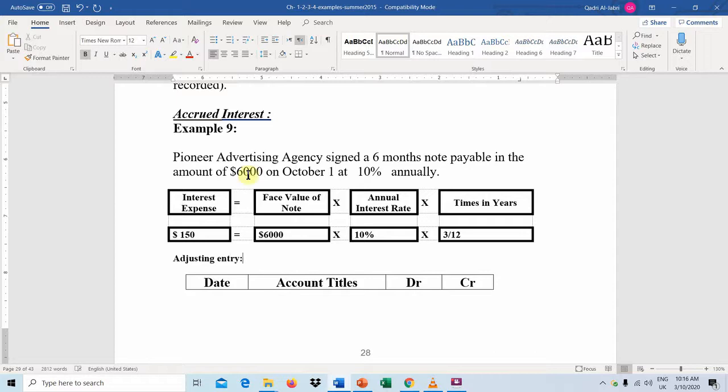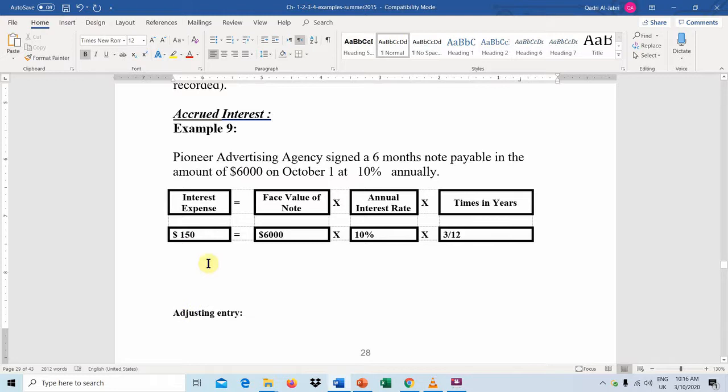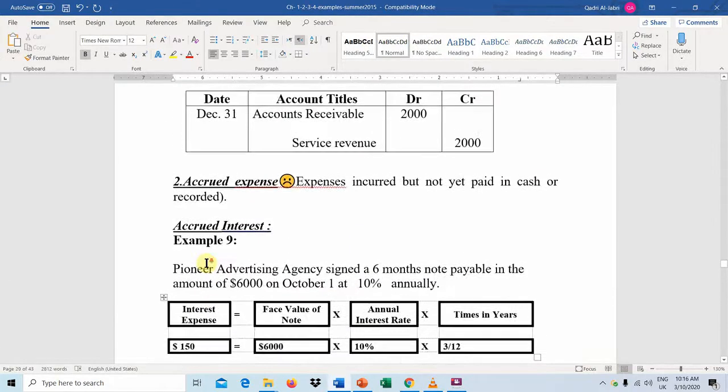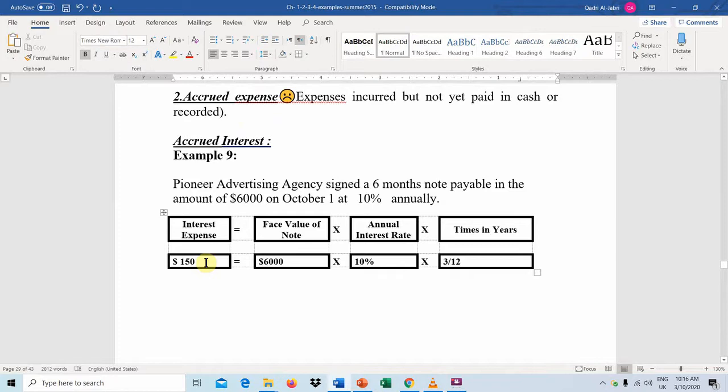as you can see, we will have 3 months. So the accounting period will have interest for 3 months. How to calculate the interest? Simply, we multiply the face value of the note, which is 6,000, and this is the debt that we have.